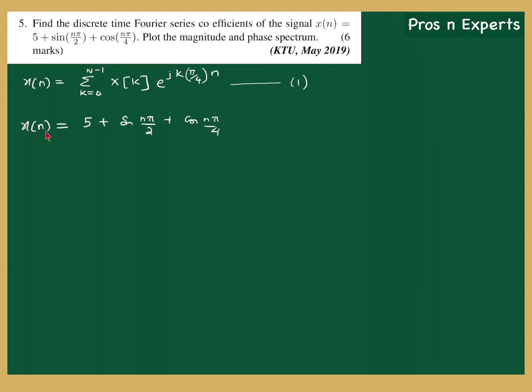So I am trying to express my given signal in terms of complex exponentials. How can we do that? It is very simple. It is 5 into e raised to j0 plus, how can you convert sine n pi by 2? Sine theta is e raised to j theta minus e raised to minus j theta, whole divided by 2j. So it is e raised to j n pi by 2 minus e raised to minus j n pi by 2, whole divided by 2j.